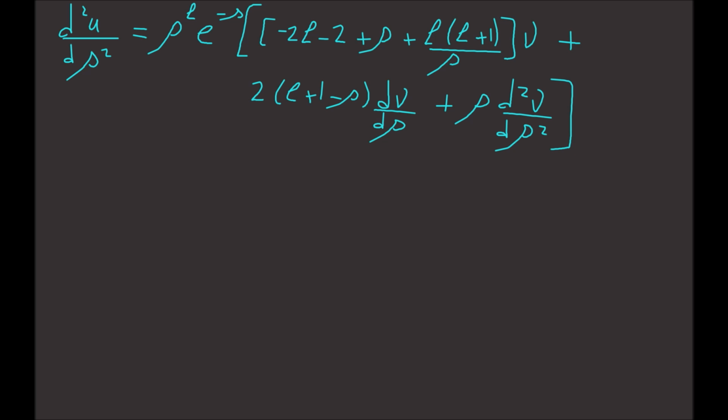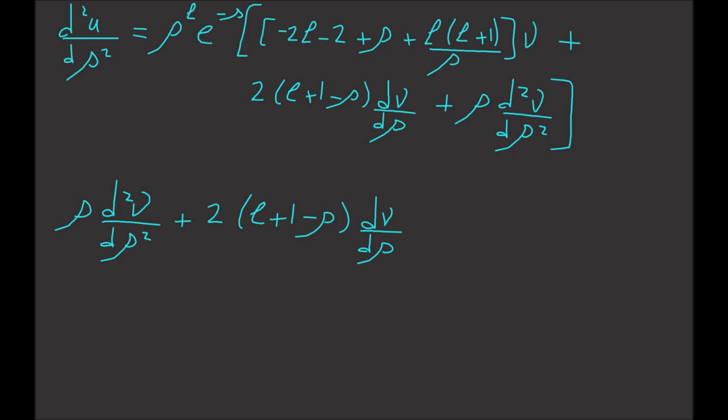So once we do this, we're going to get rho times the second derivative of nu with respect to rho plus 2 times L plus 1 minus rho times d nu d rho plus rho naught minus 2 times L plus 1 times nu, and this is going to equal 0.